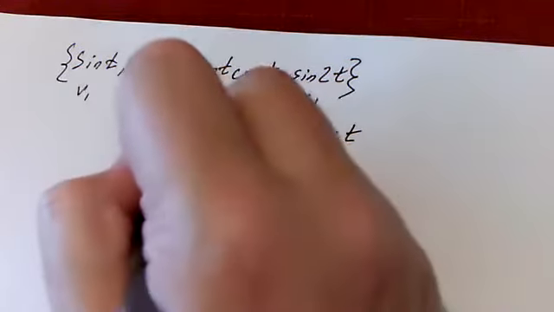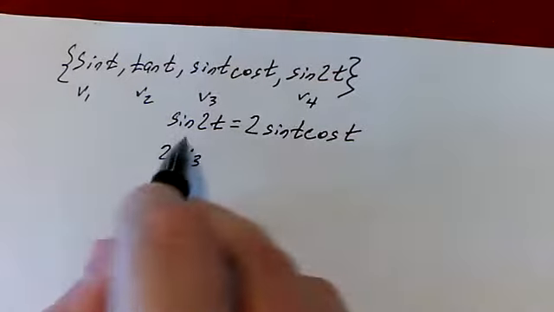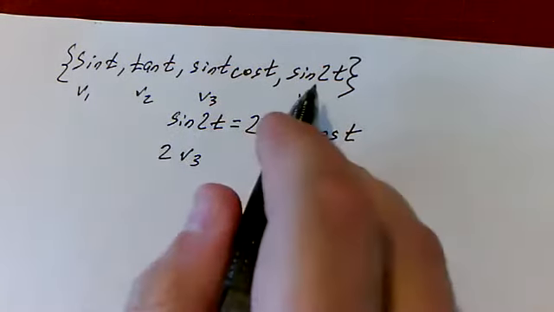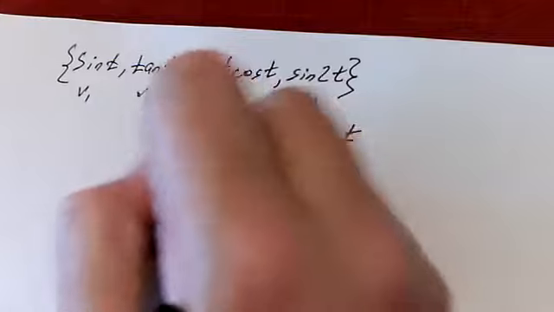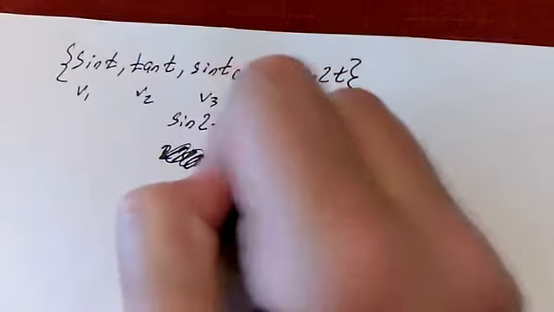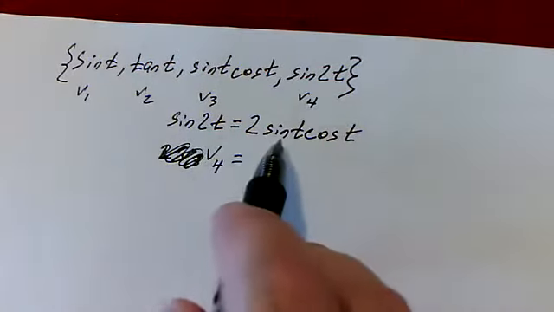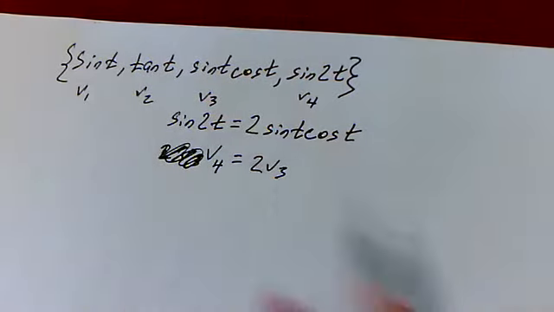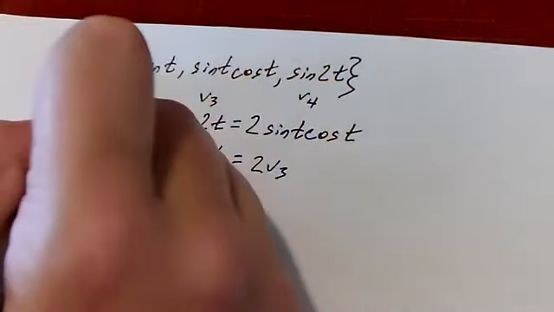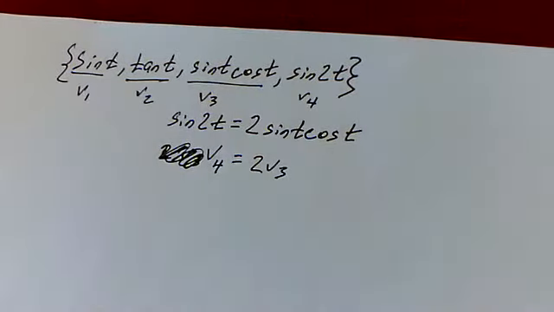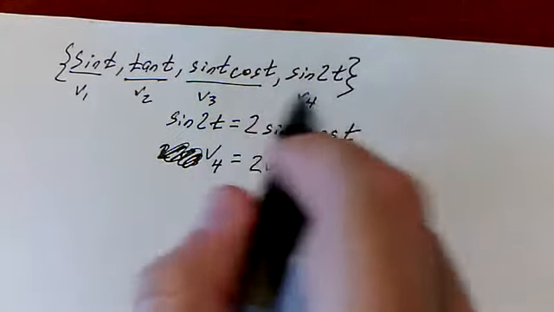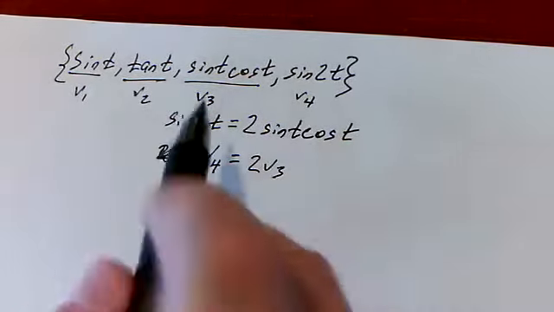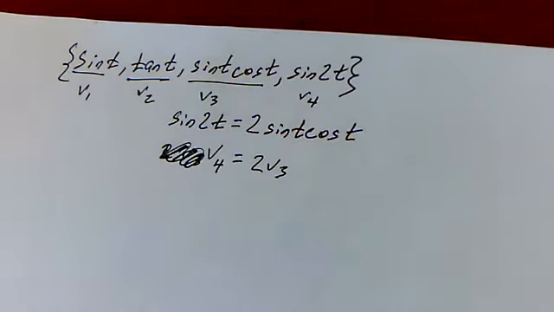I've got v4 is the left side of this identity, sine 2t, and 2 times v3 is the right side. So this is clearly a multiple. So your basis vectors then would just be those 3. v4 would not be a basis vector. So this space would have only 3 dimensions. Be mindful of that identity cropping up to make things maybe a little deceptive.